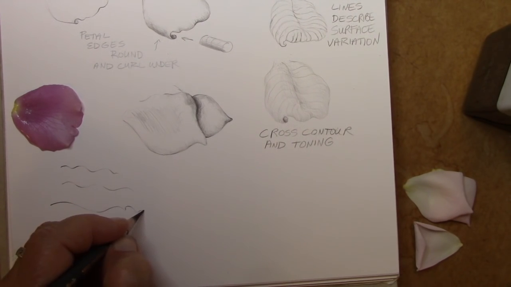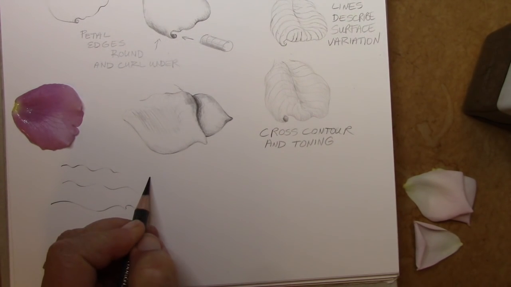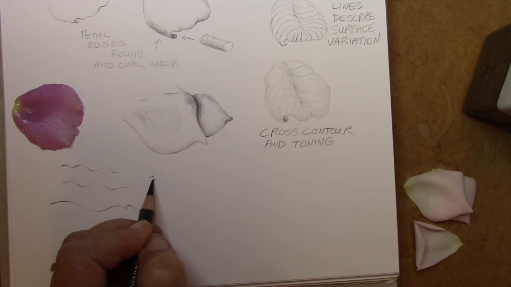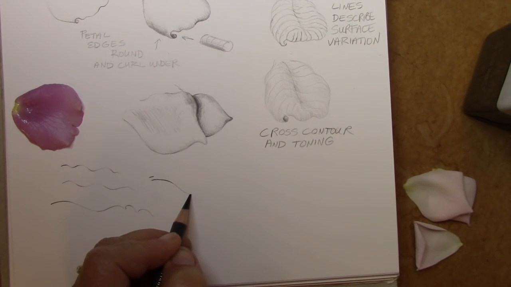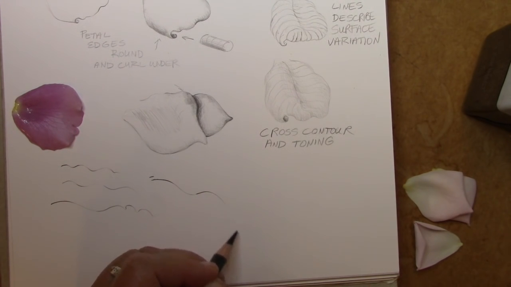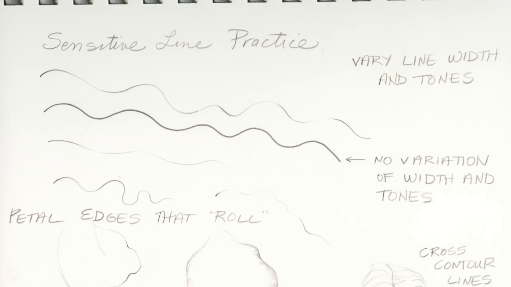And maybe it's curling and turning the way the ruffling edges of the petal does above on the left there. So your pencil touches down and then it comes off the page sometimes. So I would practice this sensitive line as well.